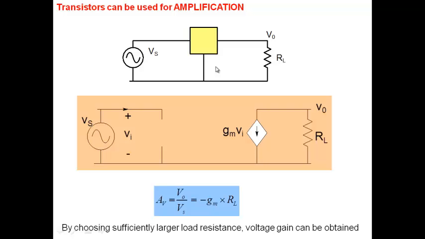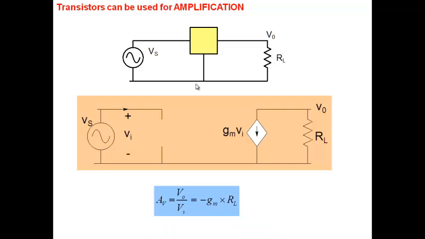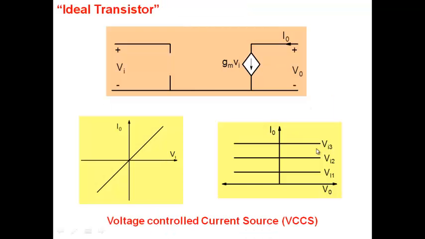Okay? So what we can perhaps construct is an element which over a part of its characteristics exhibits something like this. Not over the entire behavior, but somewhere in a part of the characteristics you may see a behavior where the current is not that sensitive to output voltage and is sensitive to input voltage.